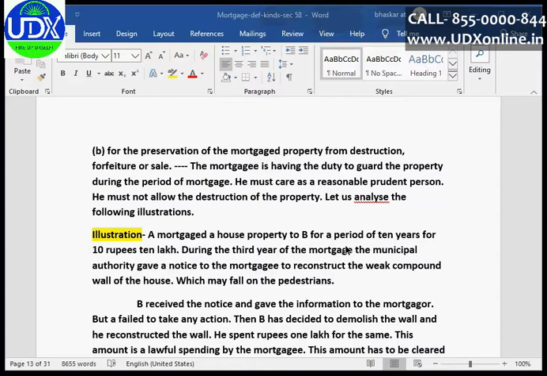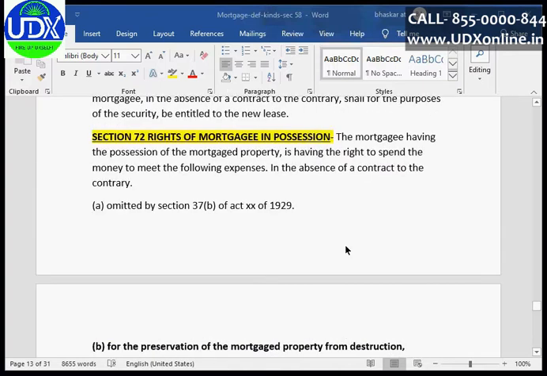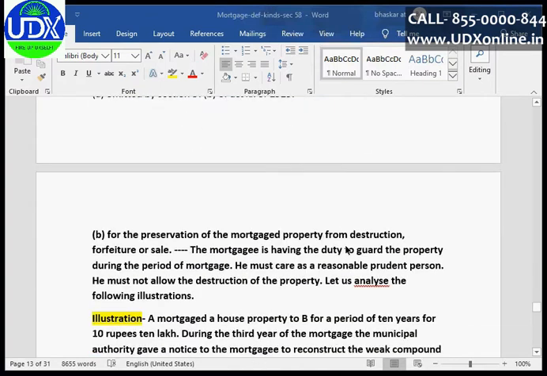Hope you remember. Okay, yes. Now, for this section 72, the first point is the repetition of the same section 63A once again. So as you have already known, let me explain once again.